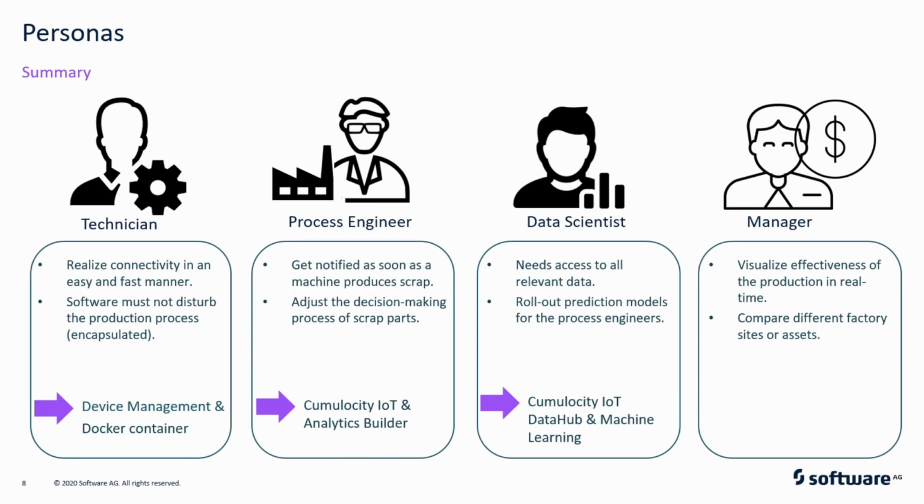Also, rolling out machine learning models is quite easy using the Cumulocity machine learning app by using the machine learning industry standard format, which is called PMML, or using ONNX. And finally, the manager will also benefit from the increase of machine data when he's using the Cumulocity Cockpit, and he can easily create his own OEE dashboard.